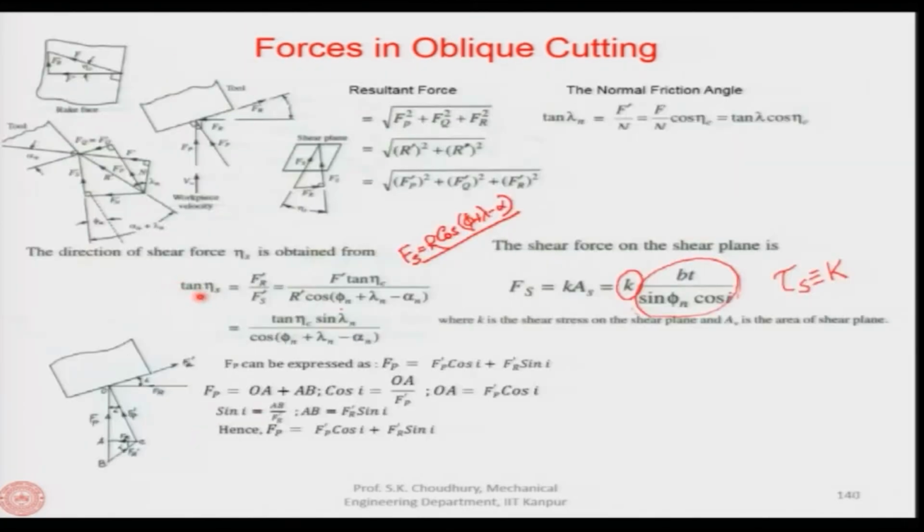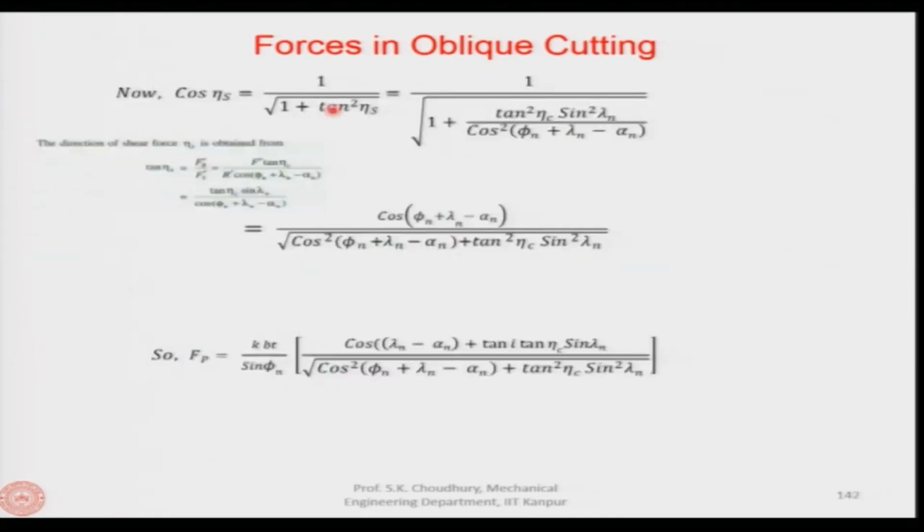Tan nu s we said equal to tan nu c sin lambda n divided by this expression. So, this expression we put in the place of tan nu s, and we find that this can be simplified in the following way.